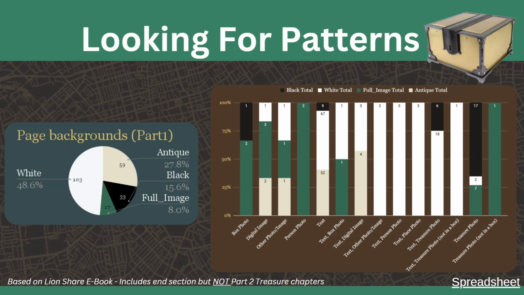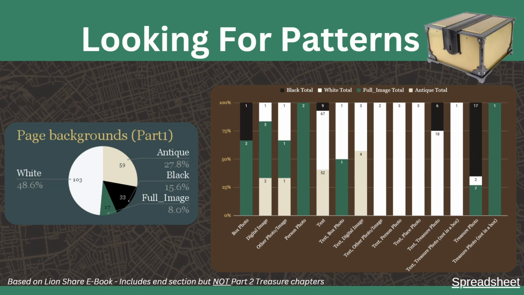Keep that in mind. There would be more black backgrounds, as part 2 is pretty much all black background, just to show the majority of it in those were the white background. Then there was the antique background, that orangish faded color, so there might be another component there. For the full images, I didn't include what the background was.